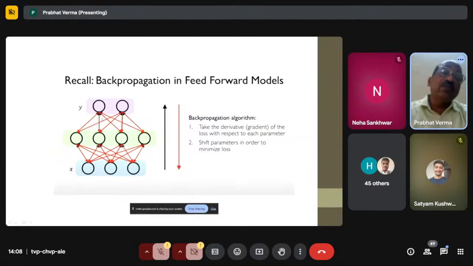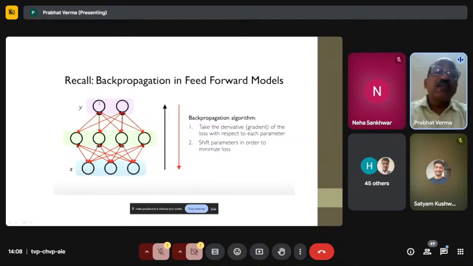When we come to the end at the y, where the target variable is, you have two values. One is the predicted value that you have brought forward from the input to the output, and the other is the actual value of the example that is already available with you. The difference between the two is the error.